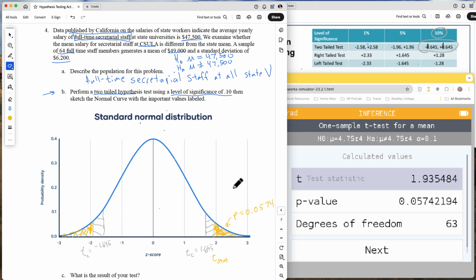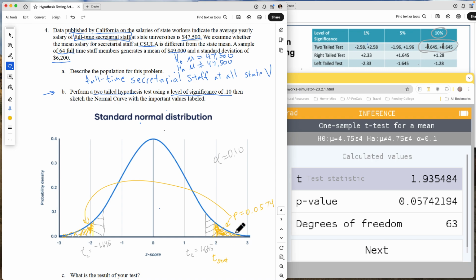Our significance level alpha is 10%, 0.10. That's the gray area, split on both sides, so 5% and 5%. This p-value is both of these areas, so half of them is about 2.5%, or rather 2.9%.